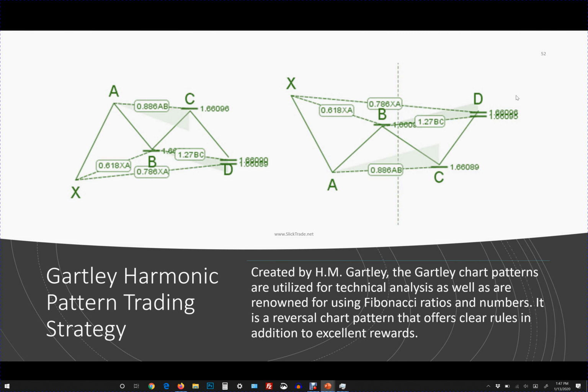The Gartley Harmonic Pattern Trading Strategy is created by H.M. Gartley. The Gartley chart patterns are utilized for technical analysis and are renowned for using Fibonacci ratios and numbers. It is a reversal chart pattern that offers clear rules in addition to excellent rewards.